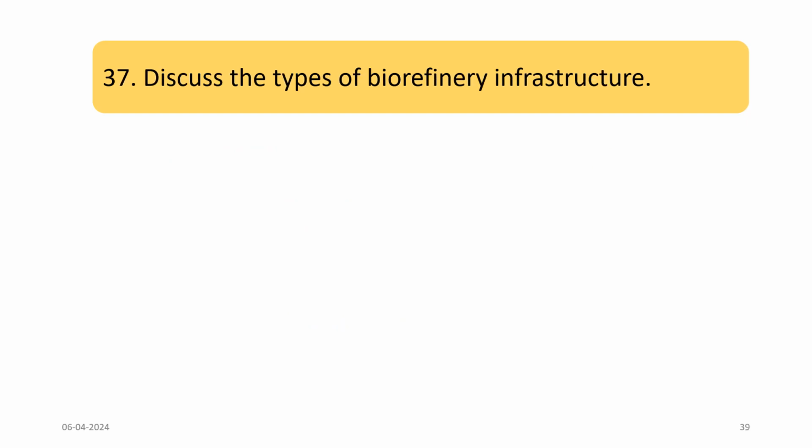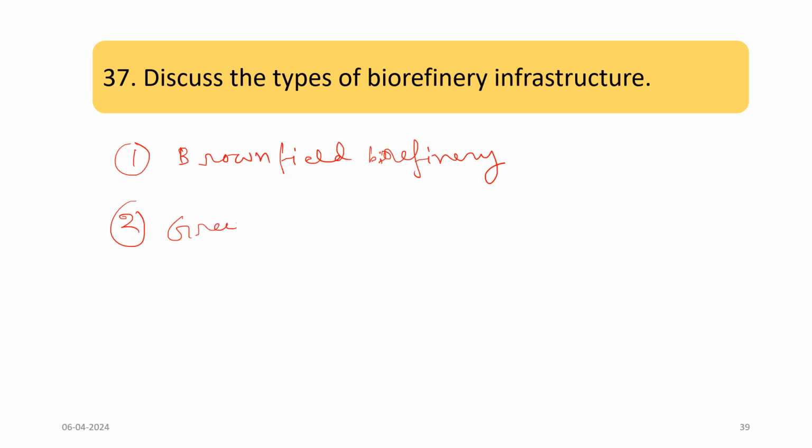Next, discuss the types of biorefinery infrastructure. So the first infrastructure is the brownfield refinery. Second one is the greenfield biorefinery.